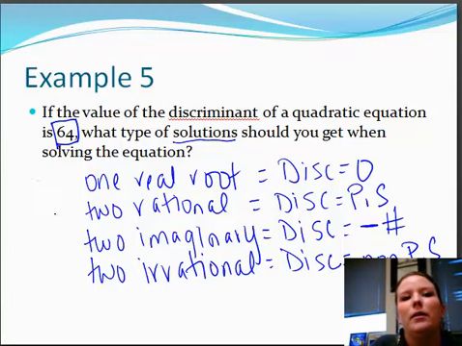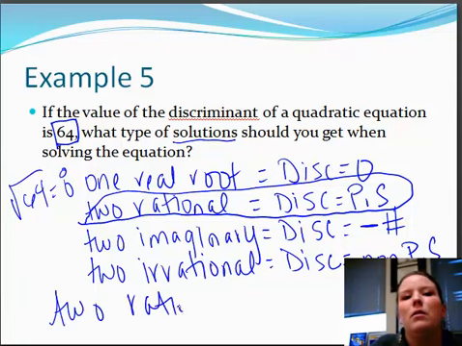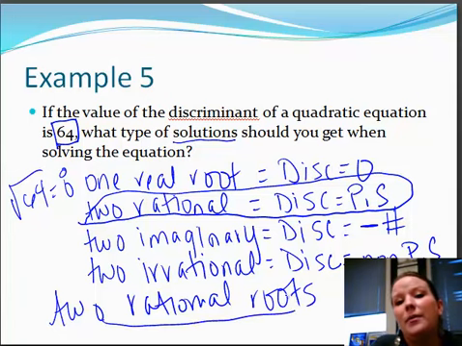So looking at 64, the square root of 64 is equal to 8. So that means I'm going to have 2 rational solutions. So you would have written down for your answer 2 rational roots.